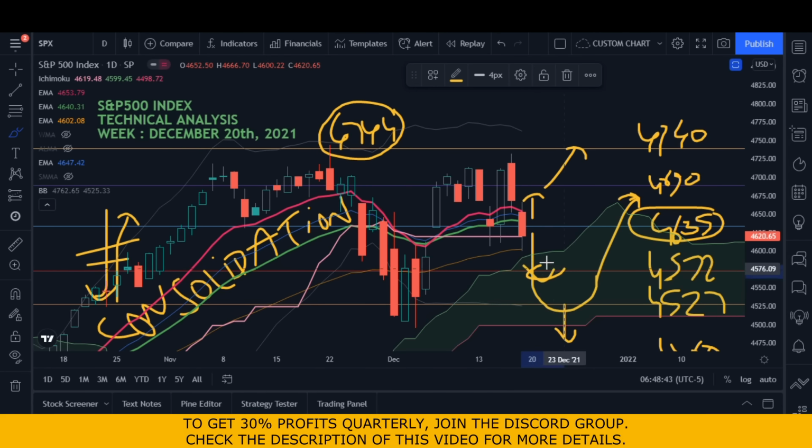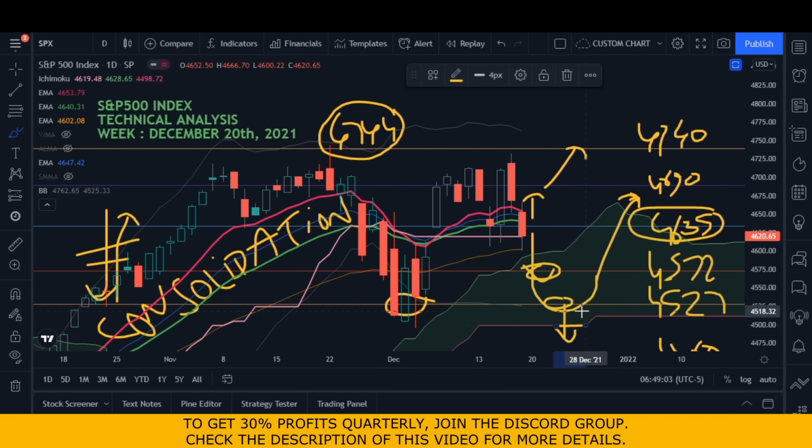First it will find support here, then it will come down, then find support here, and this support will be provided by this confluence zone. And if it breaks this support, then it will find support at this boundary of the Ichimoku, the lower boundary of the Ichimoku, and then again it will try to move up.